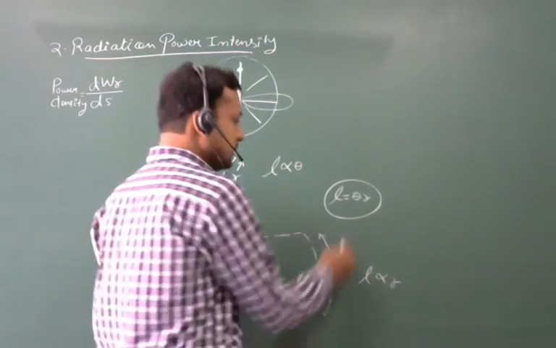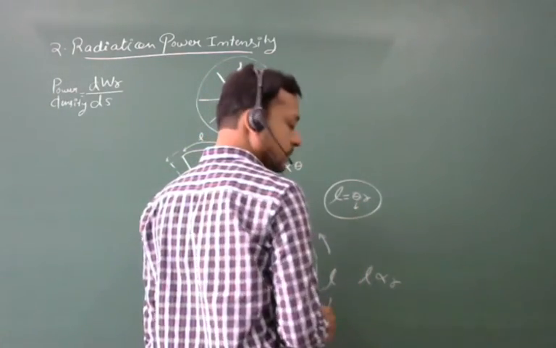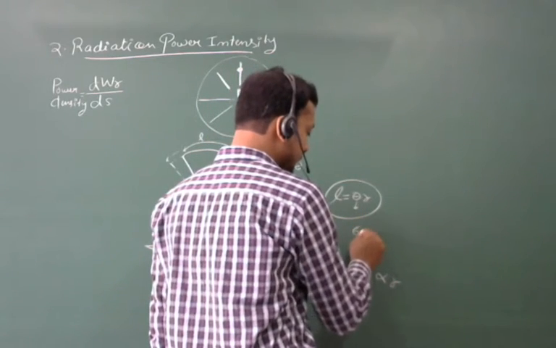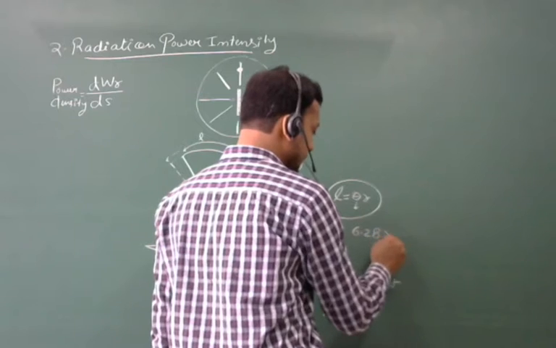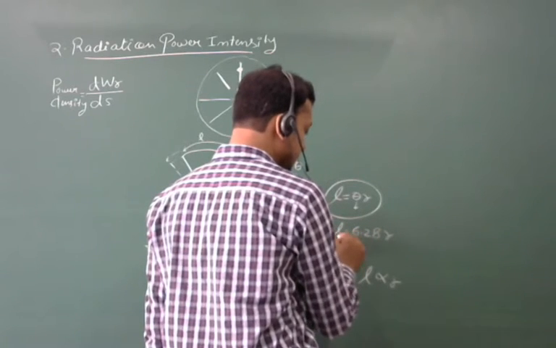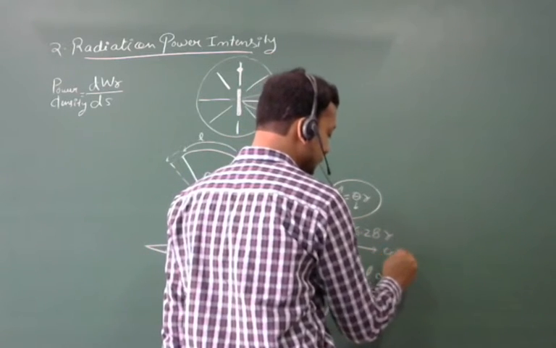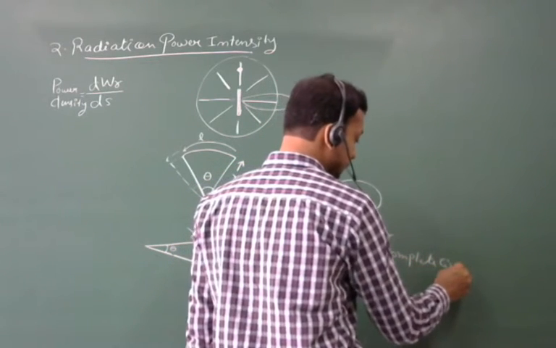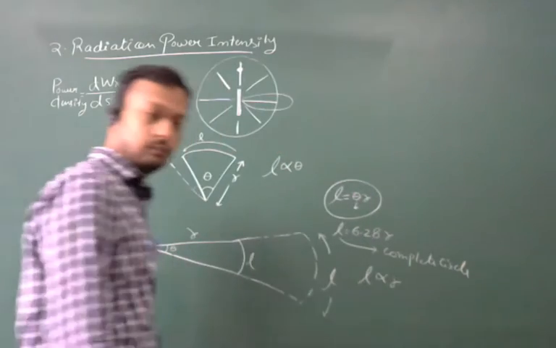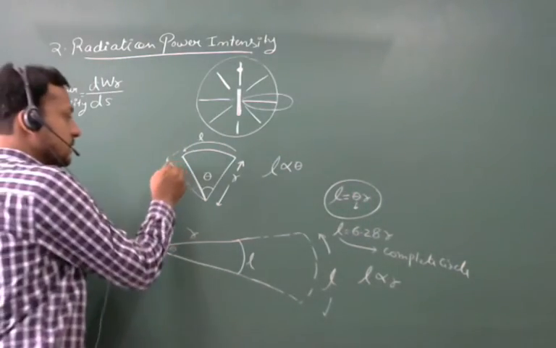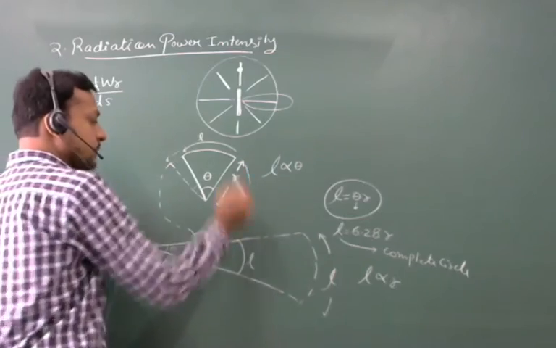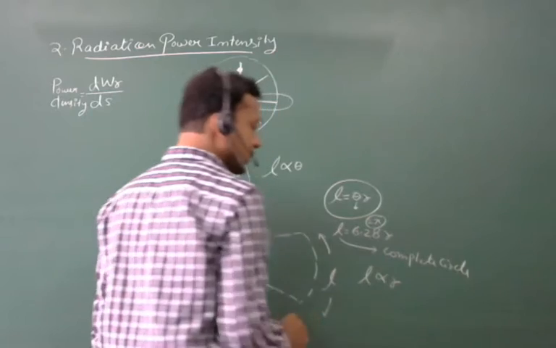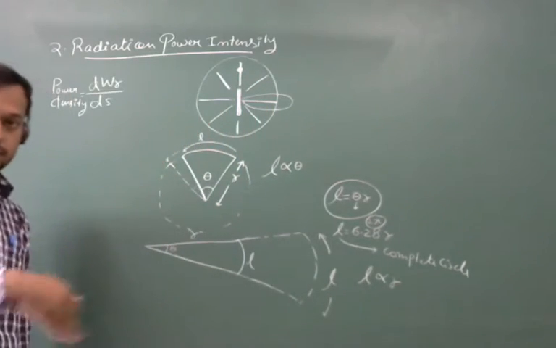Now if we multiply this radius with 6.28, that is 2 pi, then this length will become a complete circle.